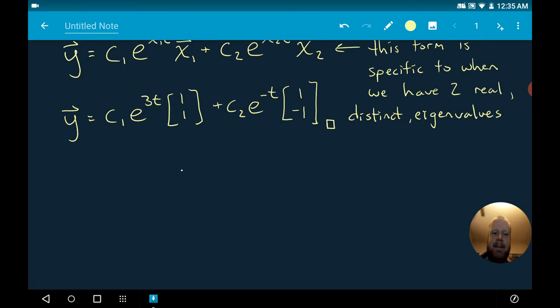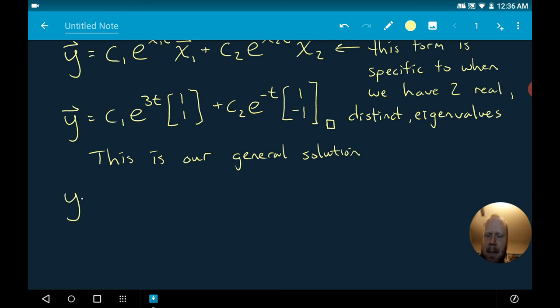Okay, we can do a little bit of matrix algebra. So I'll say this is our general solution. So there's our general solution. I'm going to do just a little bit of matrix algebra to rewrite this and see if we can have some fun with this.